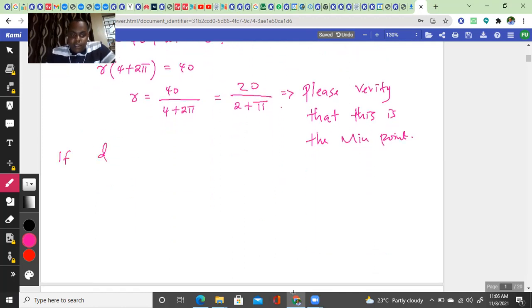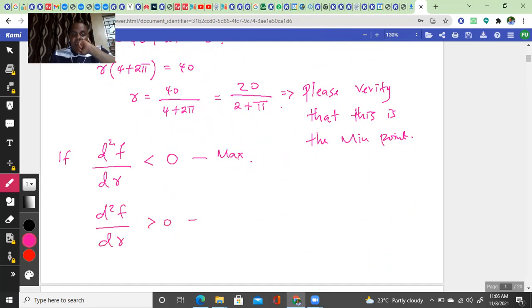You know that if the second derivative of the function with respect to r is less than 0, it's a maximum. If it's greater than 0, it's a minimum.